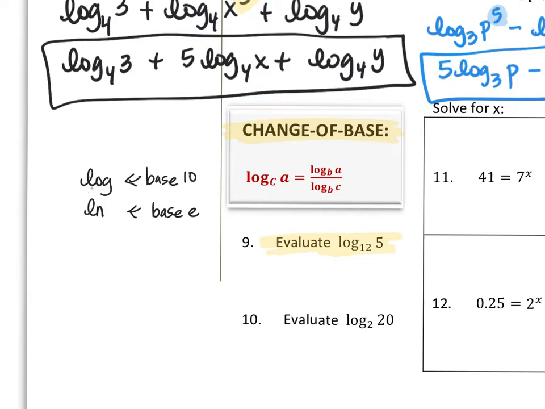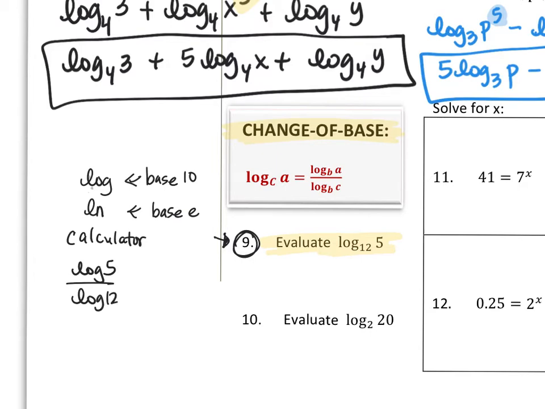So if they give you something like this and they want you to evaluate it and they don't have anything in common, there's no common base we can make them have. But you can actually use your calculator and determine the decimal form of it. So this would be equal to log of 5 over log of 12.